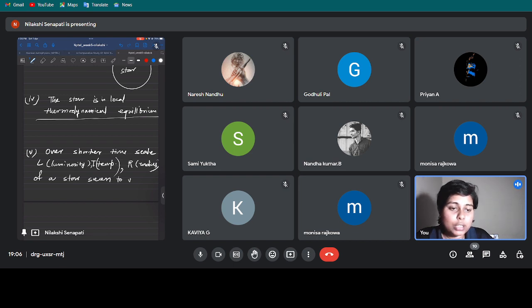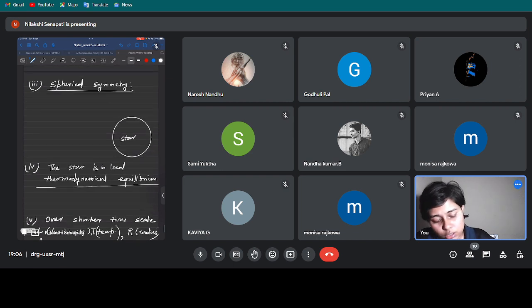Obviously, it will vary with time. At t equal to 0, we consider it made up of hydrogen and helium, and it is spherical. It is not increasing, nothing is happening.